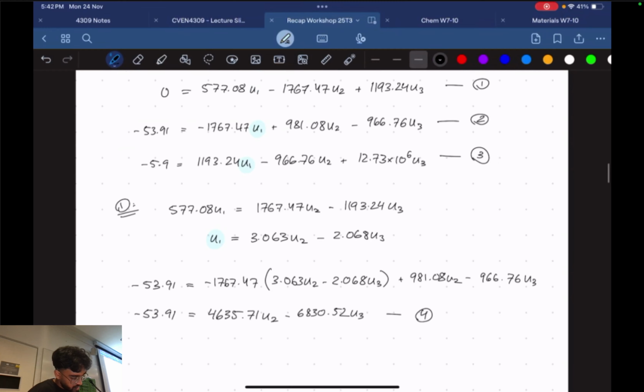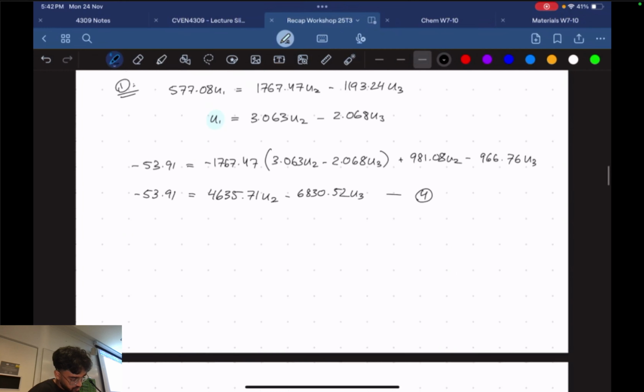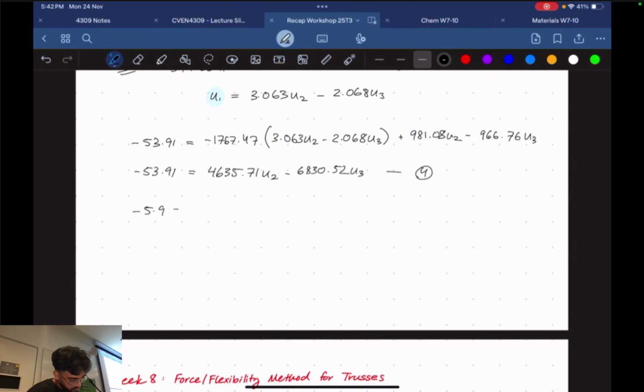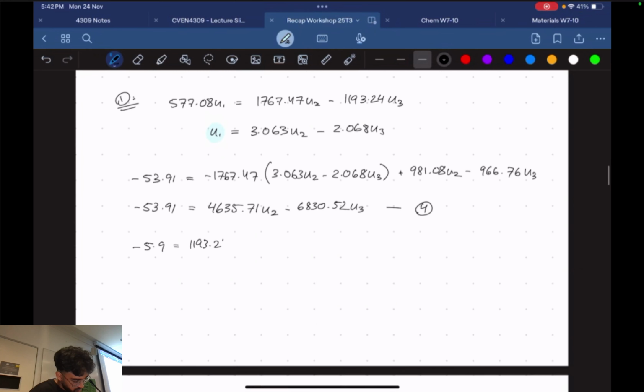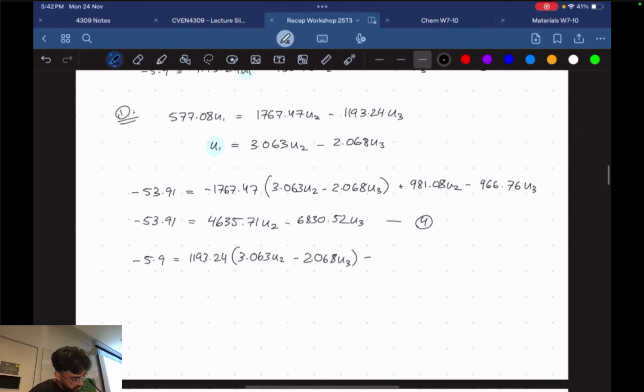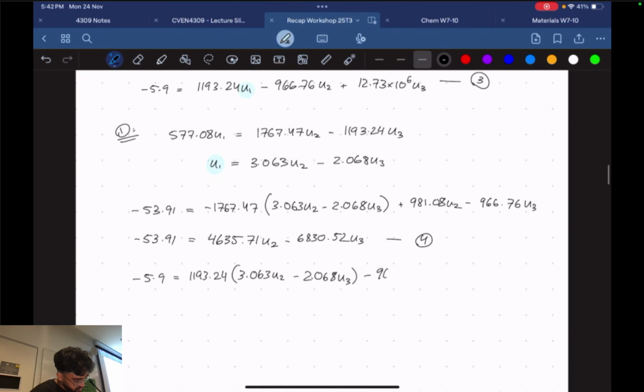Now I'm going to sub it into this one, so minus 5.9 equals 1193.24 times 3.063 U2 minus 2.068 U3, minus 966.76 U2 plus 12.73 times 10 to the power 6 U3.